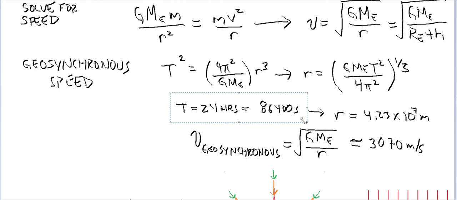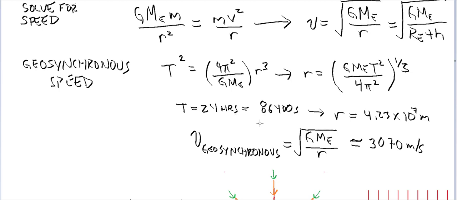And so here we need to figure out how many seconds are in 24 hours. So again, 24 hours times 60 minutes per hour times 60 seconds per minute is about 86,400 seconds. If you plug in 86,400 seconds for t, you get a radius from the center of the Earth to the center of mass of the satellite of about 4.23 times 10 to the 7 meters.